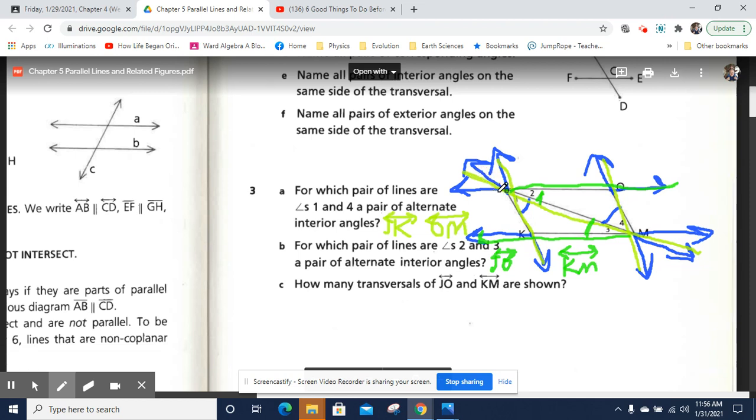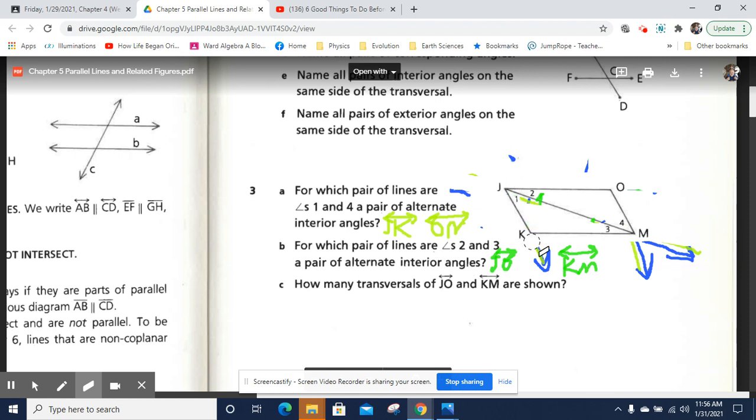In addition to JM being a transversal for JO and KM, actually maybe I should erase some of this stuff, because it's very busy now. So I'm going to erase all this. I know you got the other answers confirmed, and you worked it out ahead of time, which is a good way to make sure you know stuff.